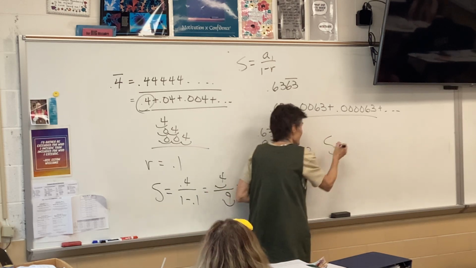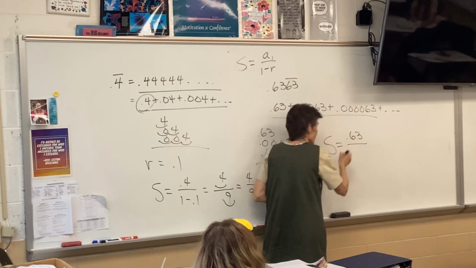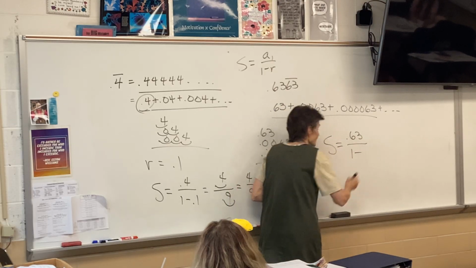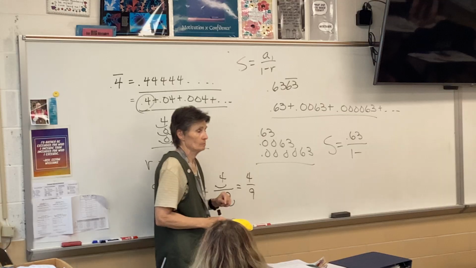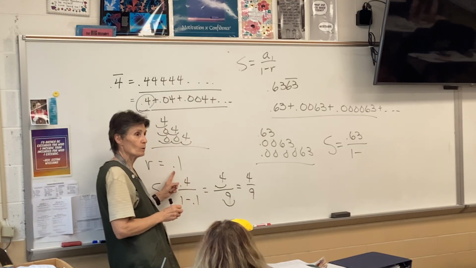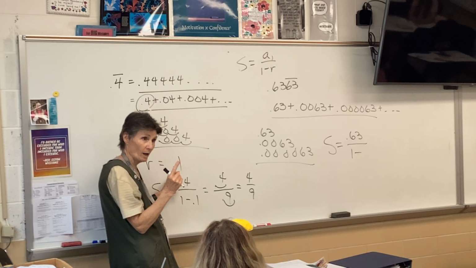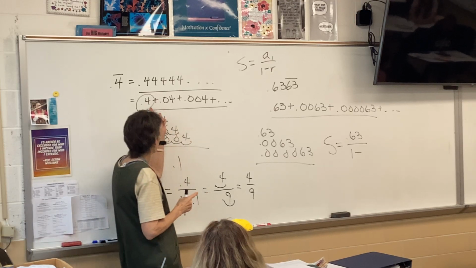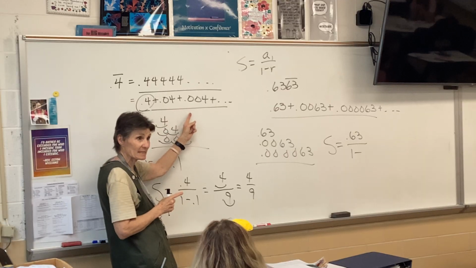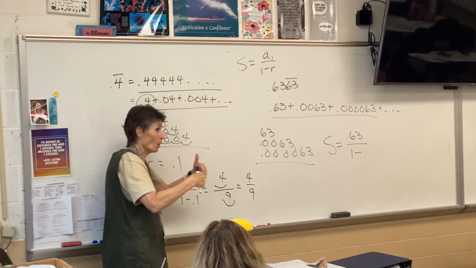Because the sum is the first term, which is 0.63, over 1 minus the ratio. In the previous problem, the ratio was 0.1. Why was the ratio 0.1? Because I only had one repeating digit. So every time I added one extra zero.